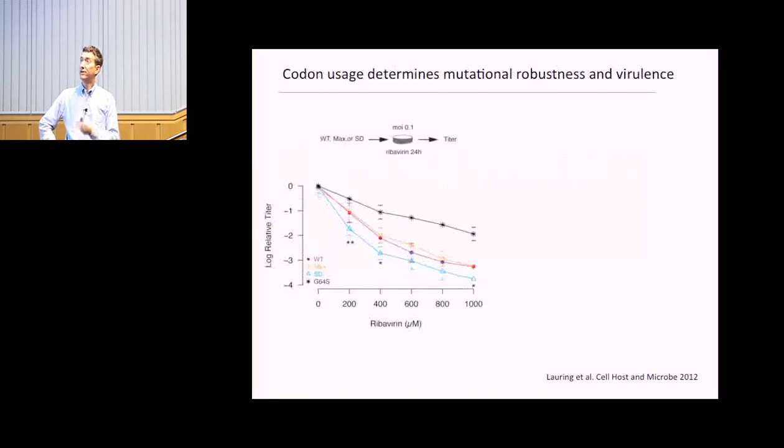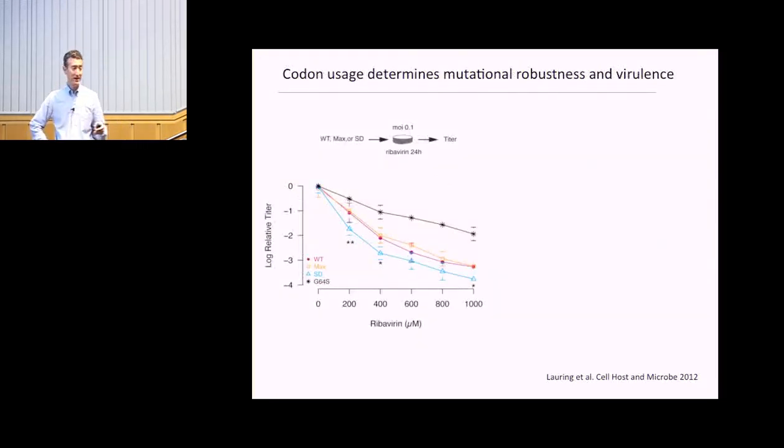Then we went further to show that by doing this, we made the virus more or less tolerant of mutation. This is an assay where we treat viruses with ribavirin in culture, and ribavirin is a mutagen. It gets misincorporated and templates G to A and C to U mutations. So in a dose-dependent manner, we can increase the virus's mutation rate.